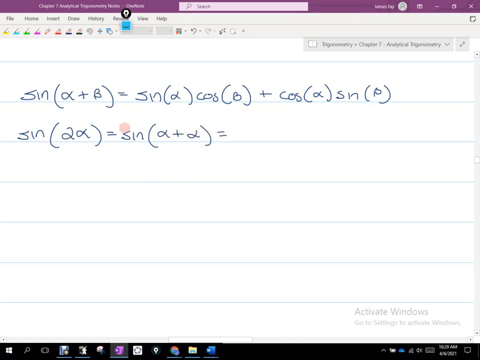Okay, so if I did that, the only thing that would change in this row up here would be that beta is now being rewritten as alpha, right? So then doesn't that get rewritten as alpha and that get rewritten as alpha? And what we would be left with is sine of alpha, cosine of alpha, plus cosine of alpha, sine of alpha.